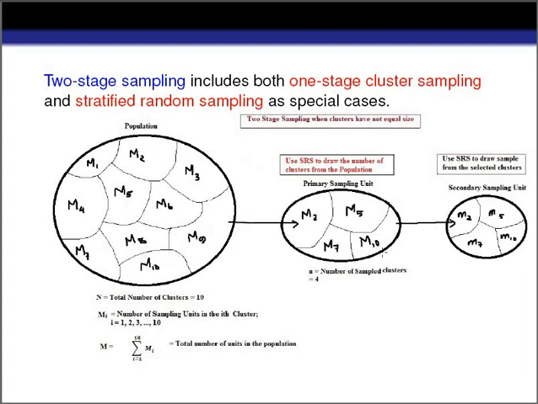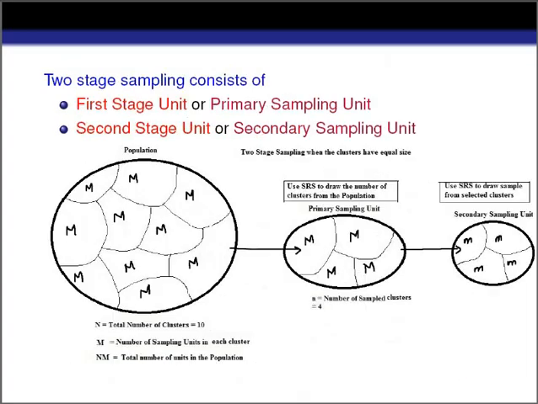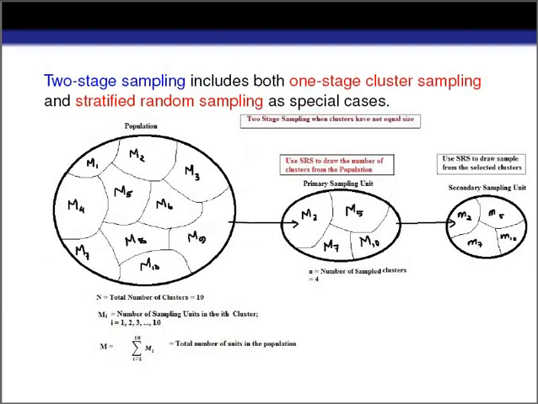Now, when there is the same number of objects within each cluster, the question doesn't arise of the sample size for each selected cluster within our secondary sampling unit. We may take the same sample size for each of the selected clusters, as the clusters are also of the same size.